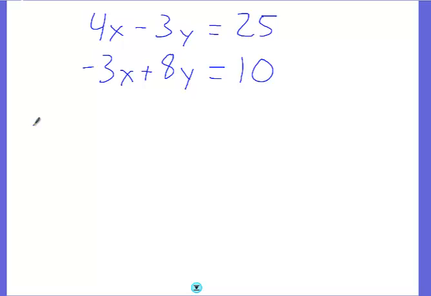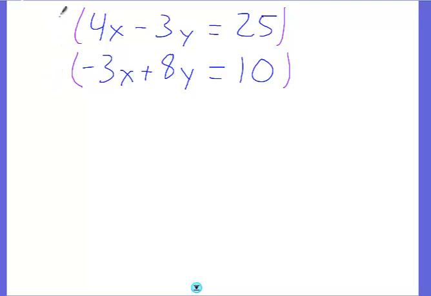So really what we have to do is multiply both equations by something. If you look at the problems here, you want to find the least common multiple between 4 and 3, or 3 and 8. I'm going to go with the 4 and 3 because it's easier, and that number is going to be 12.